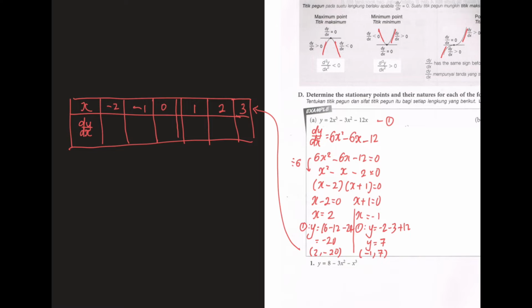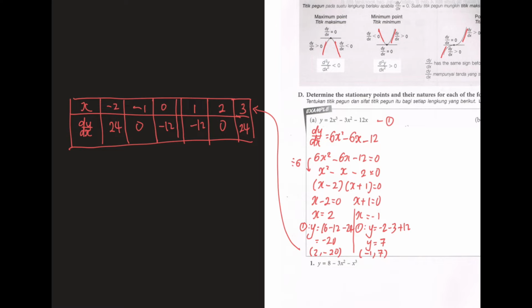I substitute everything into the quadratic just now, dy/dx equals 6x squared minus 6x minus 12. First I substitute -2, I get 24. Of course, when you substitute -1, you get 0, we have counted just now. We substitute 0 into dy/dx, we get -12. Let me check again. I substitute 1, I get -12 again. Now I substitute 2, I get 0. And then I substitute 3, I get 24.